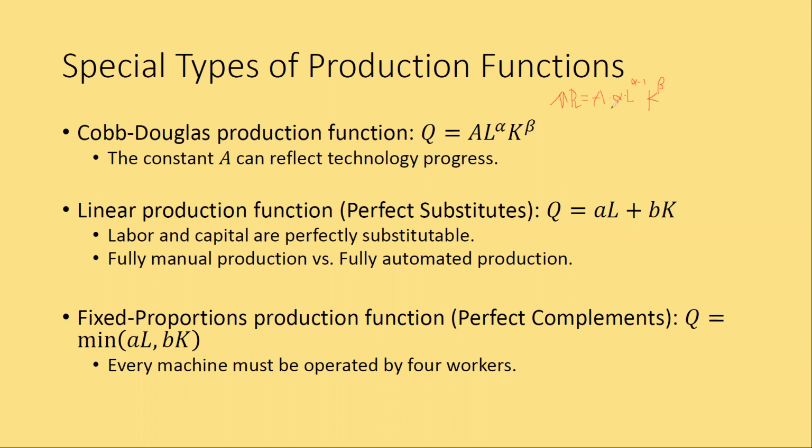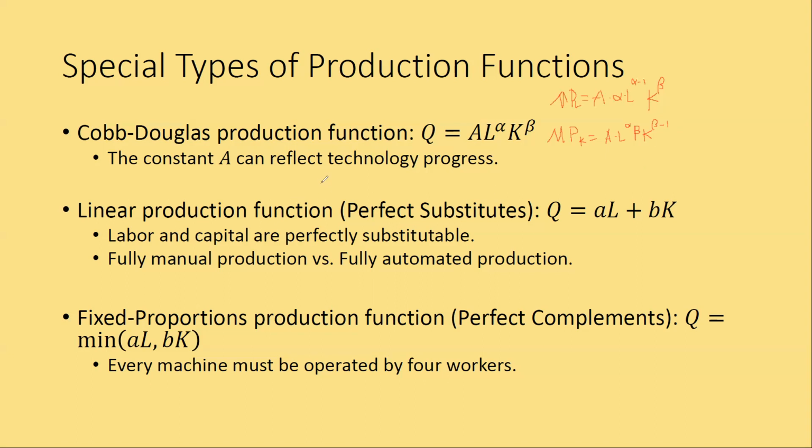We are differentiating with respect to our labor here. And the marginal product of capital is A times labor to the power of alpha. We are treating labor as a constant because we are taking a partial derivative with respect to capital. And for capital, we bring down our exponent, and we subtract 1 from our exponent. This is the formula we used to take partial derivatives.